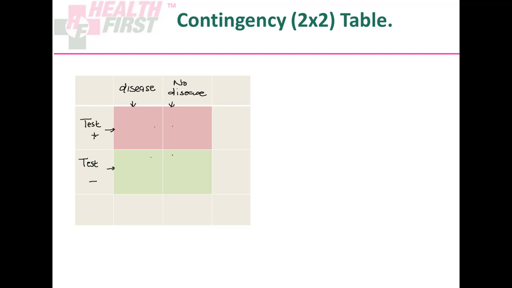But remember that the reason why we are doing this in the first place is screening tests are not 100%. As we saw, they can be falsely positive or falsely negative. How do we know then the reality that a patient has disease or does not have disease?